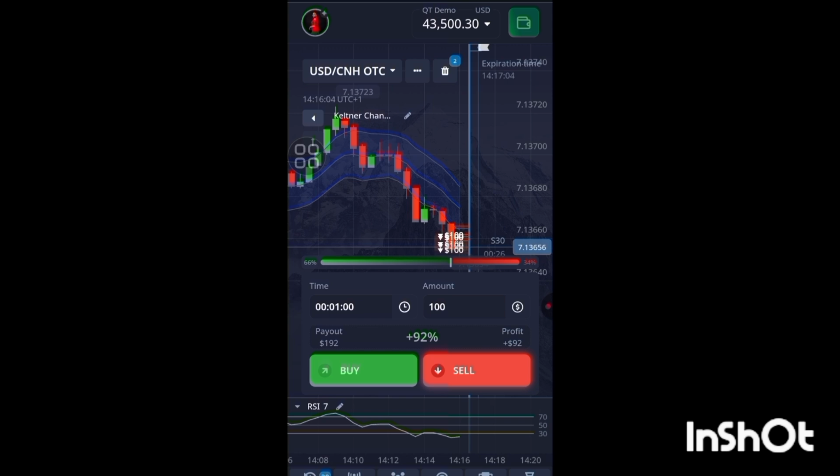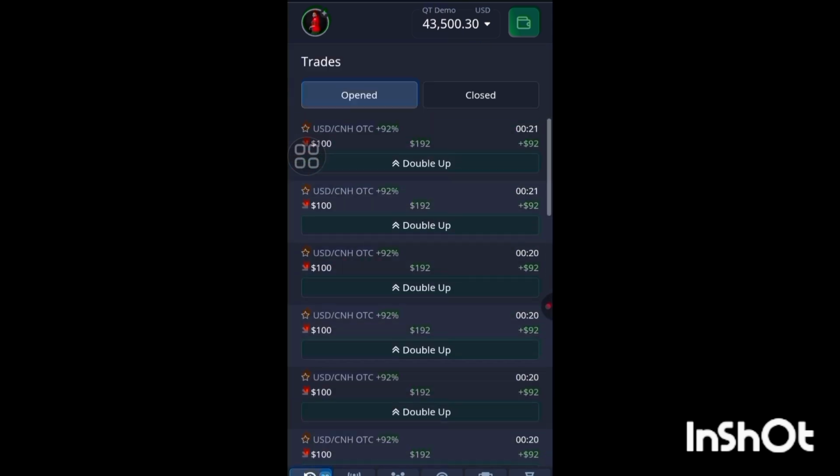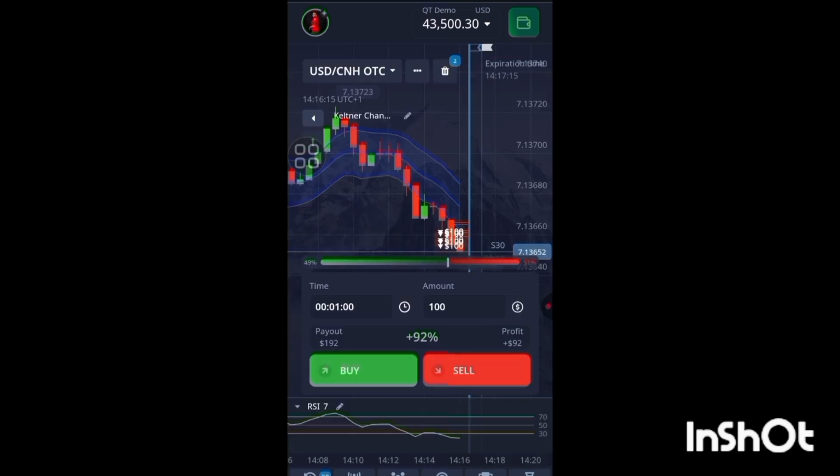This strategy looks very profitable, but make sure you are as patient as possible for the right setup. I took about 20 trades. And let's see what happens.